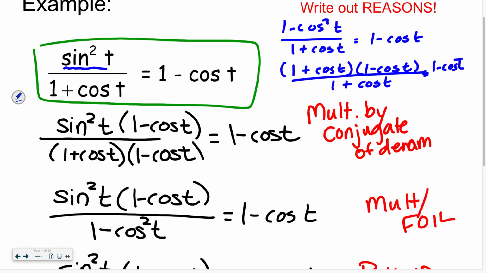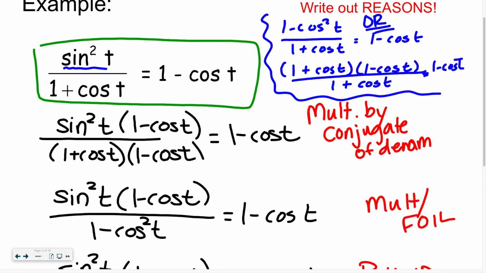Yeah, it's going to cancel. So maybe we're like, that was way easier, right? But I wanted to make sure that you have seen a multiply by the conjugate problem. But there's more than one way to do a problem, is the moral of that story.